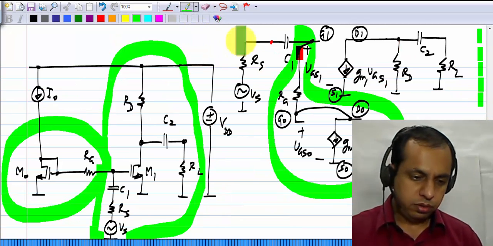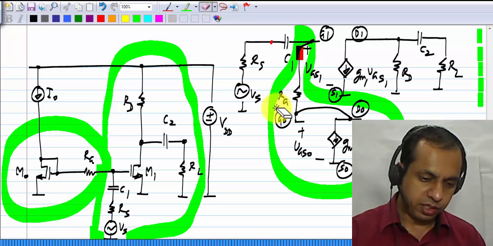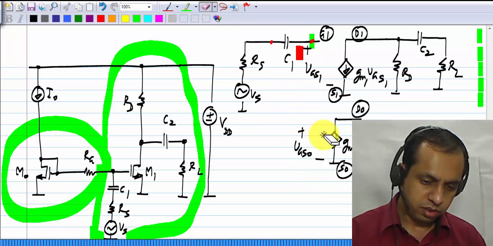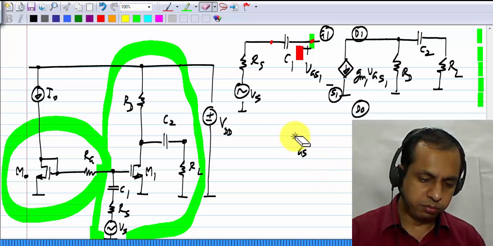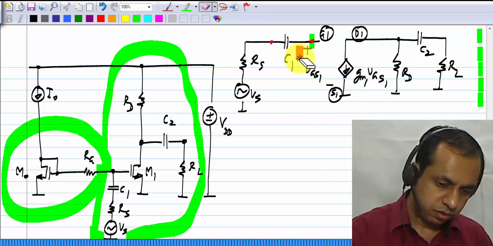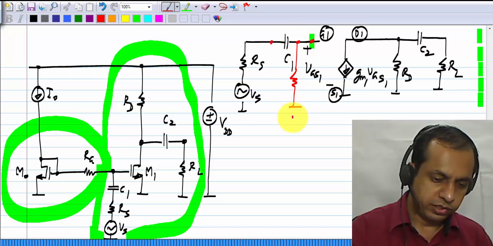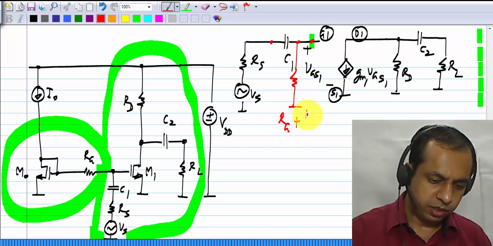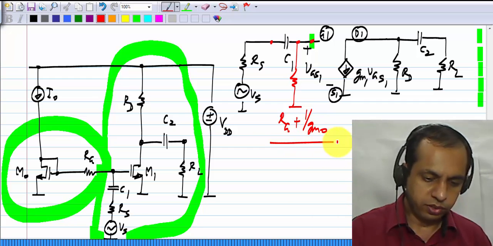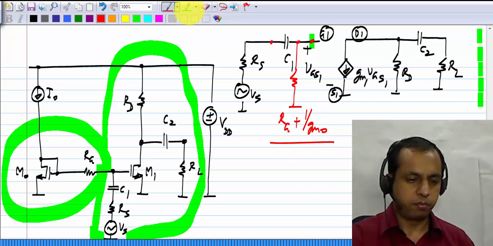So now we can replace this entire thing here, the part due to RG and M0, with a single resistor whose value is RG plus 1 by gm0.